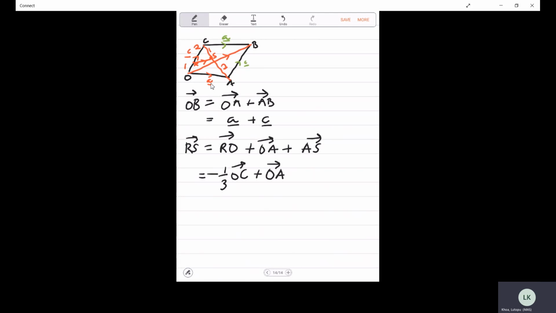I want to have all the position vectors. And then AS, to go from A to S. You can see that S divides the line AC into 3 parts.